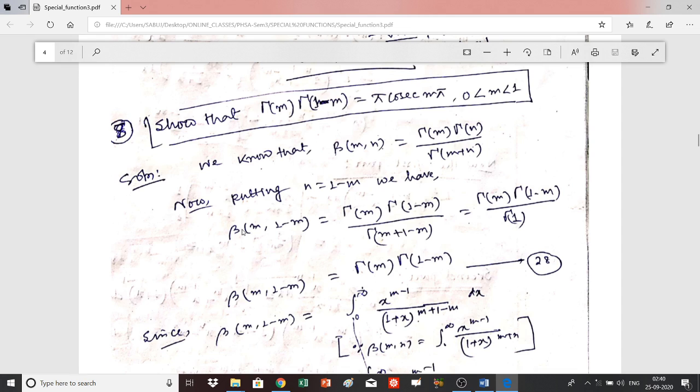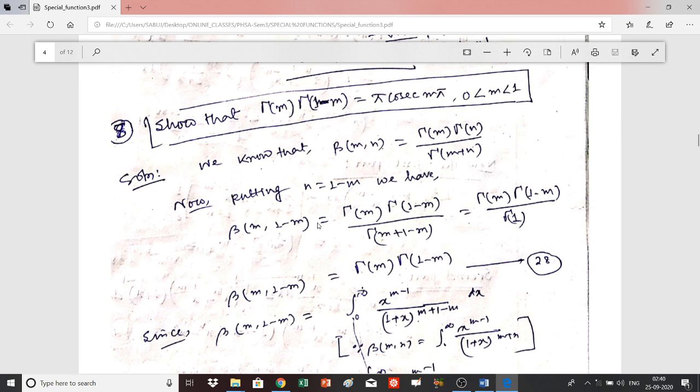You will get beta m, 1 minus m. So this is the general relation, and if you use beta m m, that will give you gamma m, then gamma m by gamma m plus m. So in that relation just substitute m by 1 minus m.